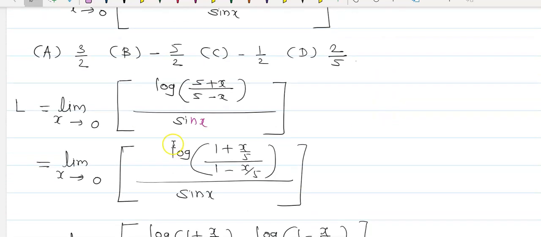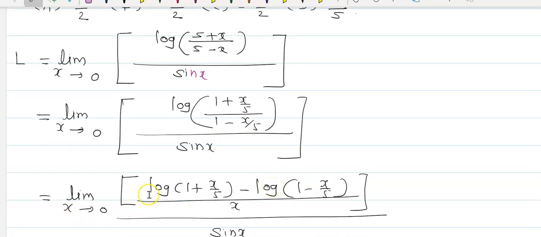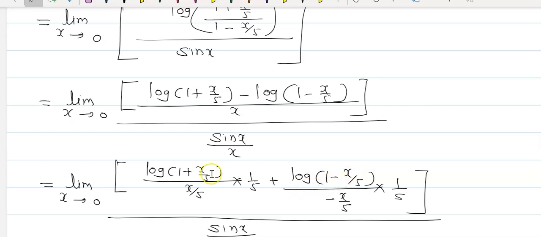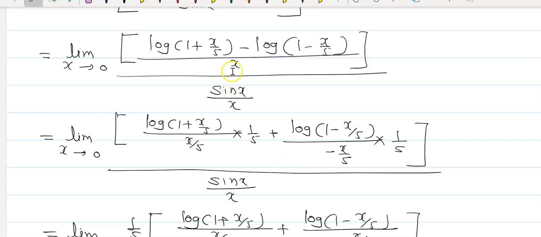Limit x tends to 0, log of 5 plus x upon 5 minus x upon sin x. Divide numerator and denominator by 5. Then you will get log of 1 plus x upon 5 upon 1 minus x upon 5 upon sin x. Limit x tends to 0, log of 1 plus x upon 5 minus log of 1 minus x upon 5 upon x, sin x upon x. And adjust here 1 by 5. Split it up. The minus sign I had taken here because of log of 1 minus x upon 5.